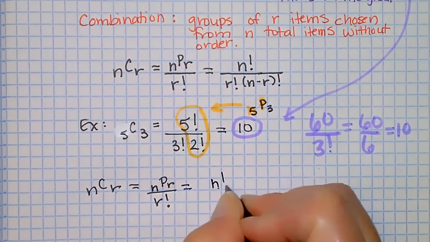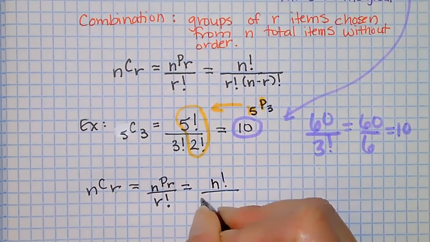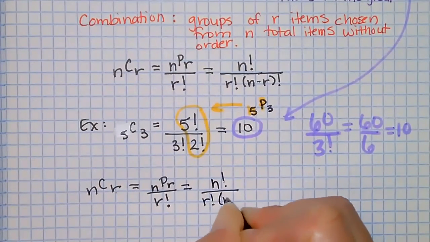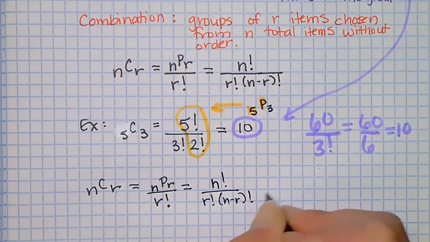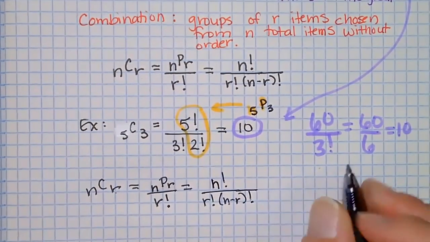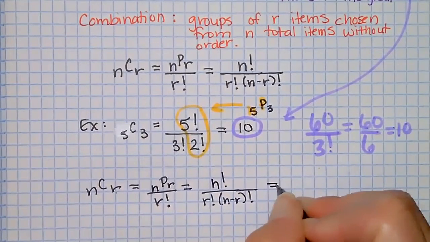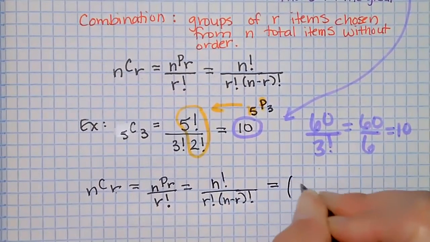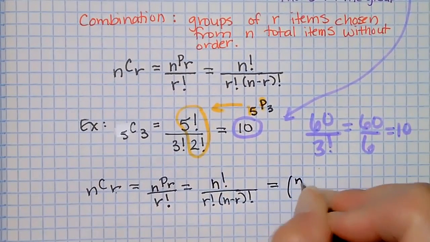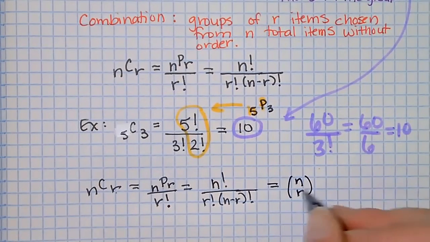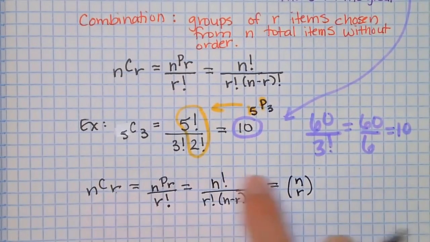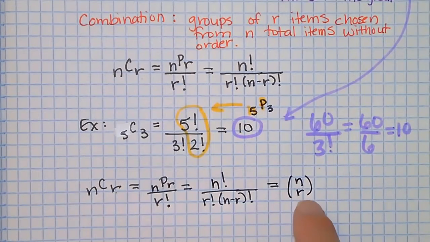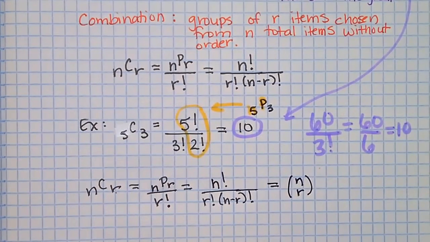And again, that's equal to n factorial over r factorial times (n minus r) factorial. And another way to write this, you might see it in this form, where you have parentheses and you have n and r like this. This is read n choose r. So this and this are the same. You'll see it in this form when you get to Integrated 3 Math Analysis.